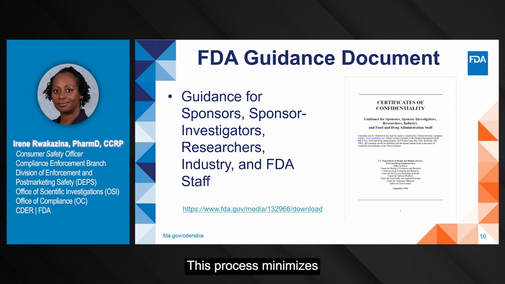This process minimizes the burden to researchers who request a CoC, and it streamlines the existing process by reducing the information currently provided in a request to FDA for CoC. And it also clarifies the statutory responsibilities associated with receiving a CoC and reduces the time it takes to obtain a CoC from FDA. This guidance document is a great resource, and it can be accessed using the web link on this slide.